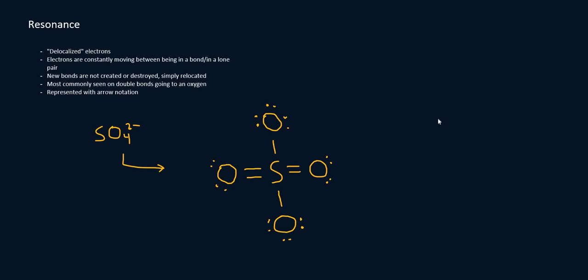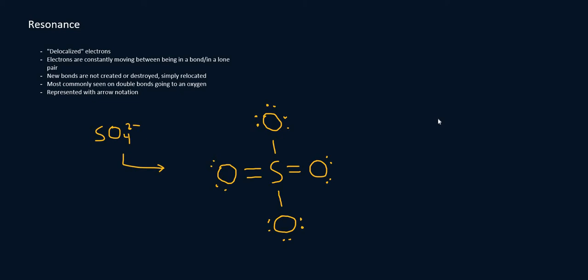When you have a wide array of spots where electrons can move to, they're going to start moving around into those various spots. I like to think of it like musical chairs or a merry-go-round. In musical chairs, you get up and you move around until you find a new spot to go to. That's kind of like electrons with resonance structures. They're finding those open slots that they can go to, and they're going to them.